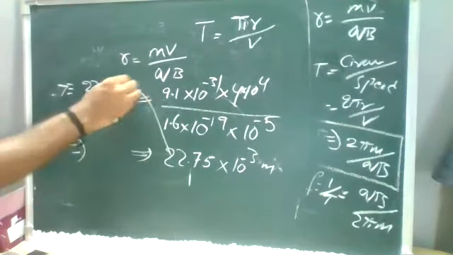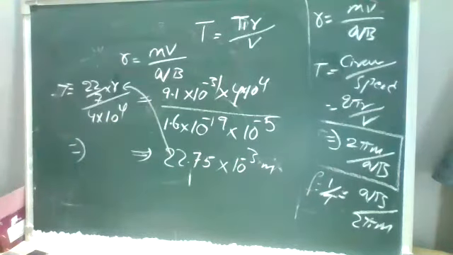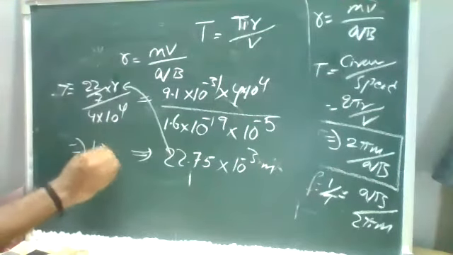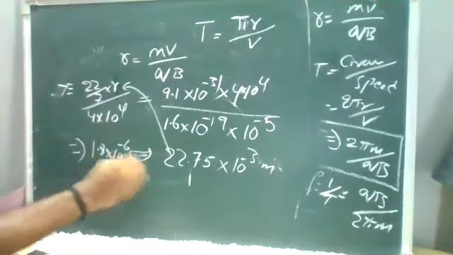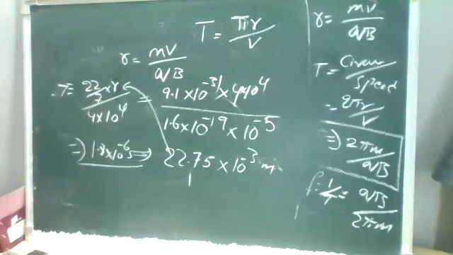On substitution, the time period is 1.8 into 10 power minus 6. These are your values. Done? Yes, sir.